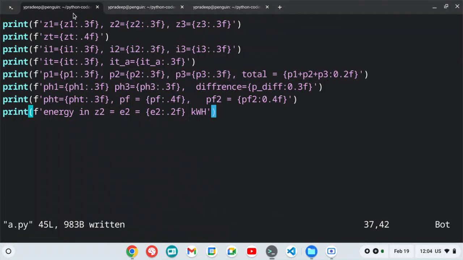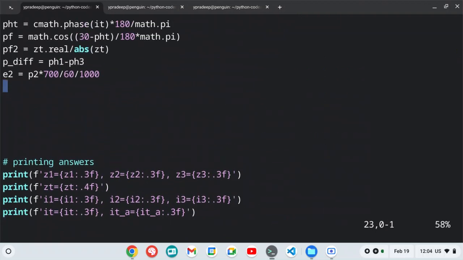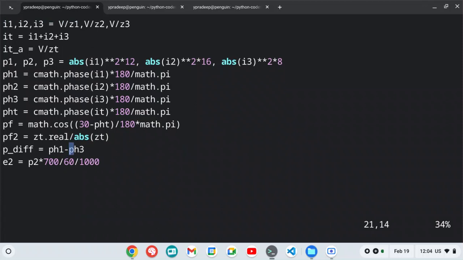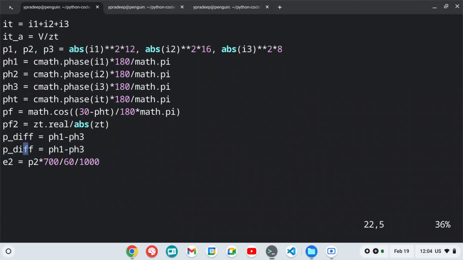So I go back to my code and then go to the calculation part. Here, phase difference 1 2, PD12 I'll call it. So 1 minus 2.